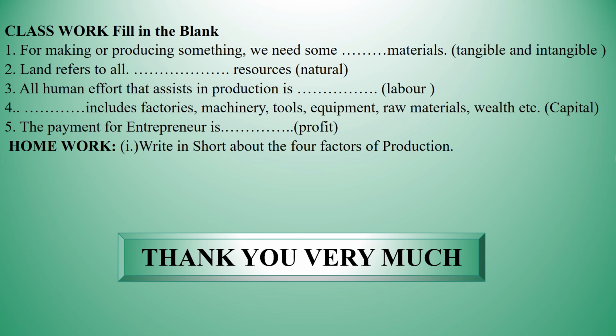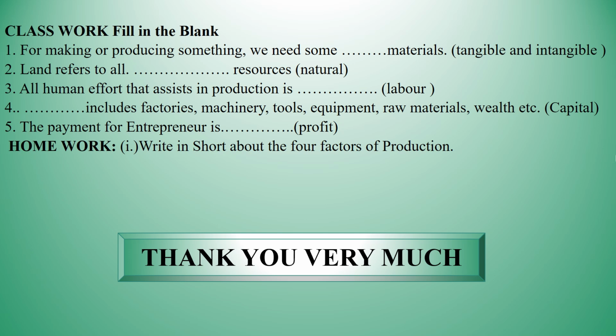The second fill in the blank is, land refers to all dash resources. The answer is natural. The third fill in the blank is, all human efforts that assist in production is dash. The answer is labor.